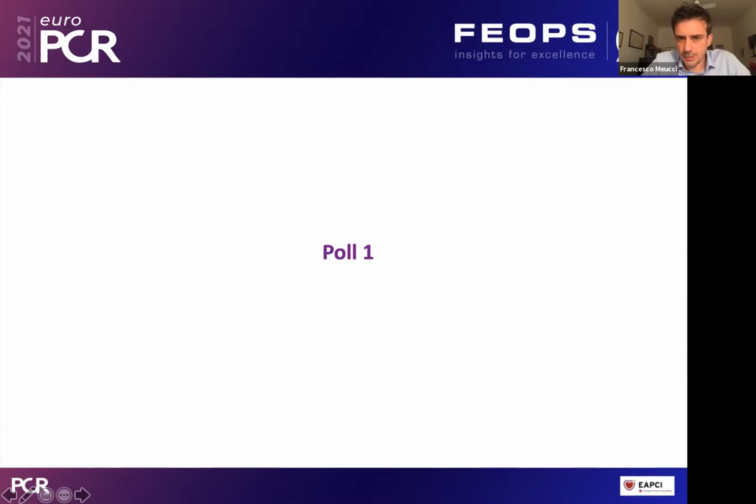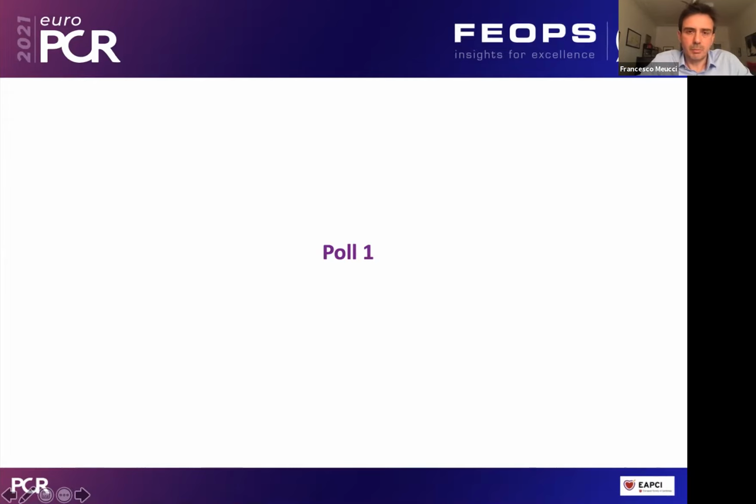So do you use a CT scan? Do you use an echo pre-imaging? Do you have the possibility of doing 3D printing, or are you just a user of some kind of simulation? Please vote, so we can have an idea, and then we will discuss your answers.